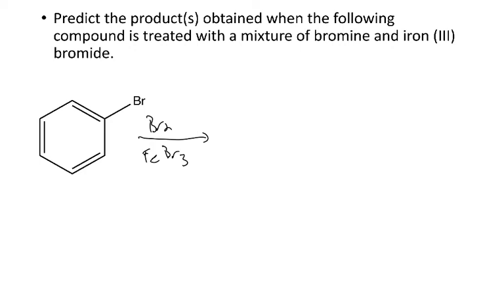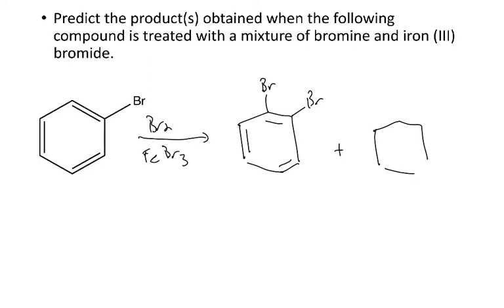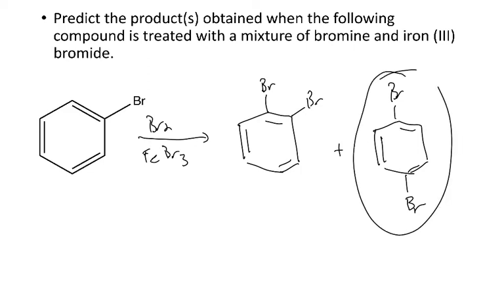So we would expect our products to be these two. Again, steric considerations are generally going to be more important, so we would predict this to be our major product.